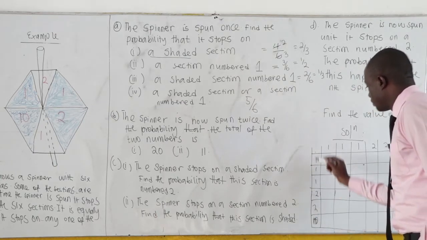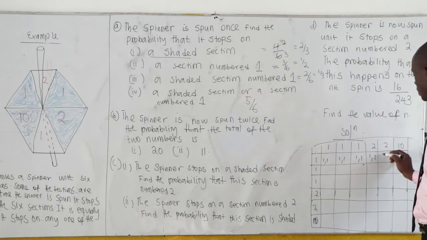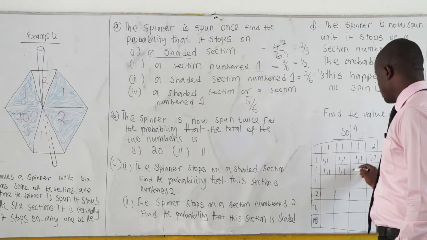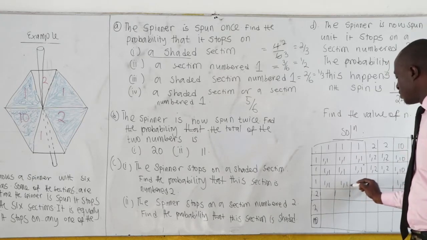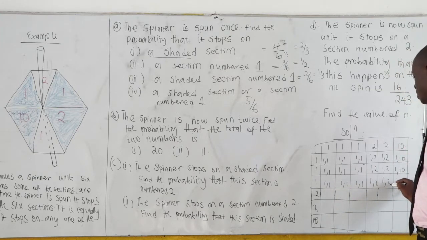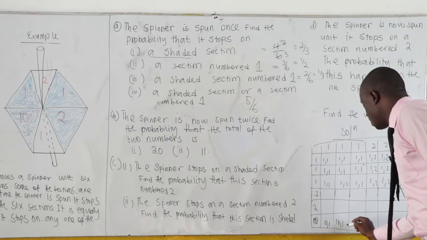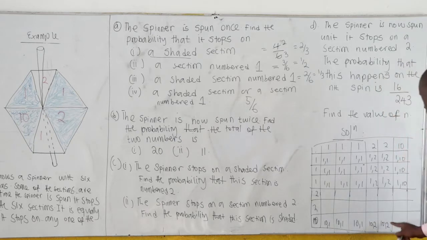We have 10. So here becomes 1, 1, 1, 1, 1, 1, 1, 2, 1, 2, 1, 10, then 1, 10, 1, 10, and so on, and here 10, 1, 10, 1, 10, 1, 10, 2, 10, 2, 10, 10.